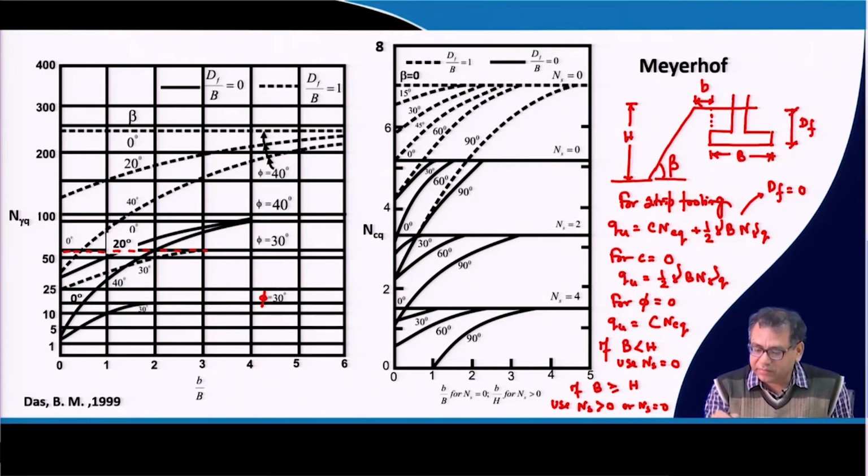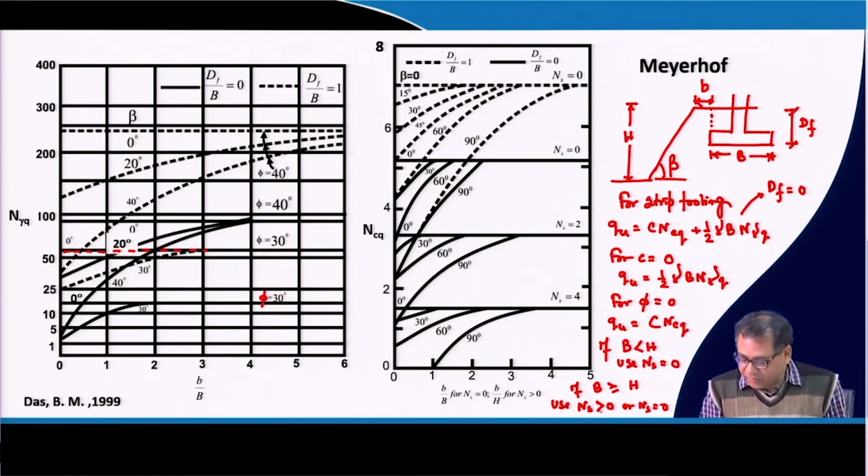Those are given for Ns equal to 0. That means for Ns equal to 0 you have to use only this dotted line, which is for Df by B equal to 1.